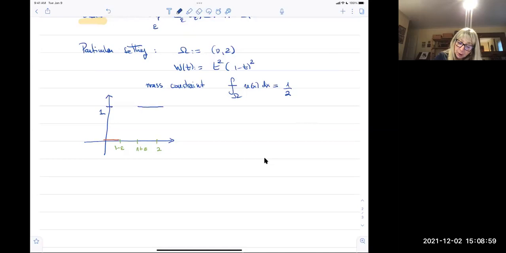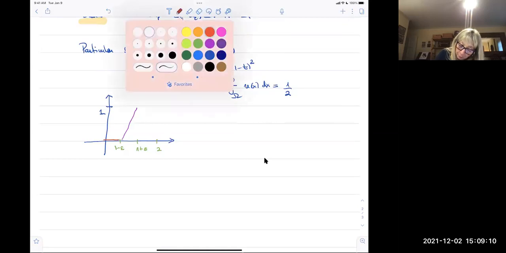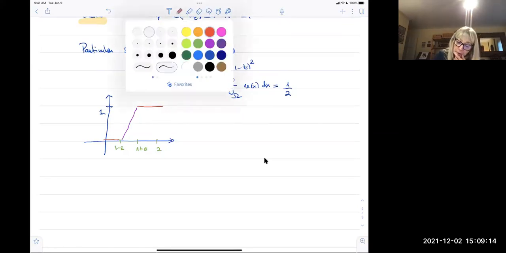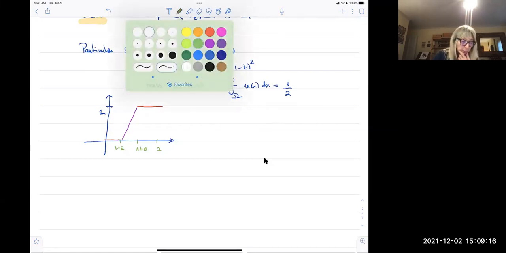And it's going to be linear in between. Let me put some other color, let me put purple. It's going to be linear here. Actually, I'd rather put the red, because these are the ones. I'm going to call this function V epsilon.